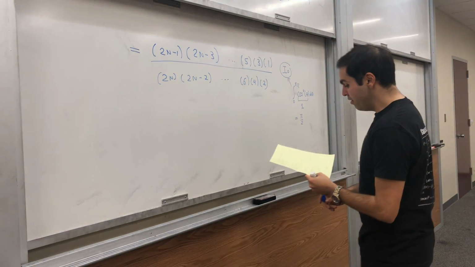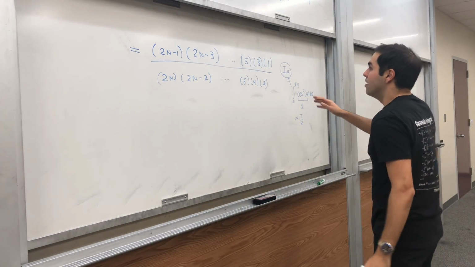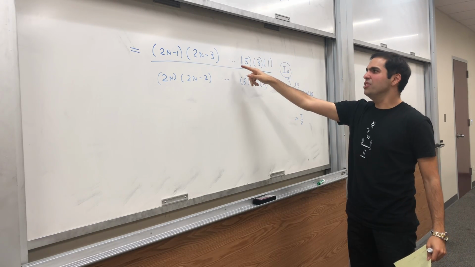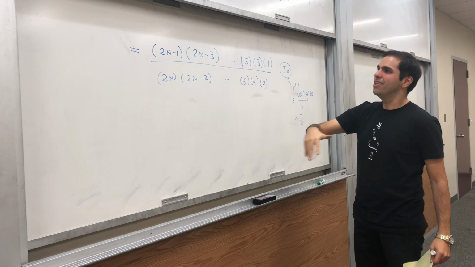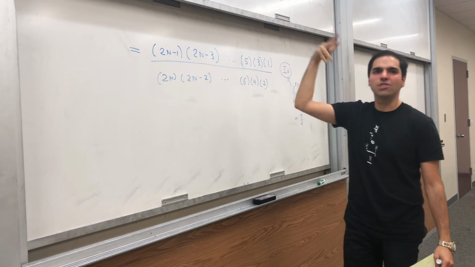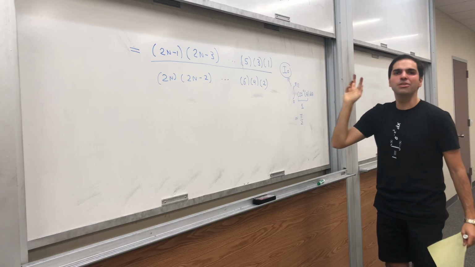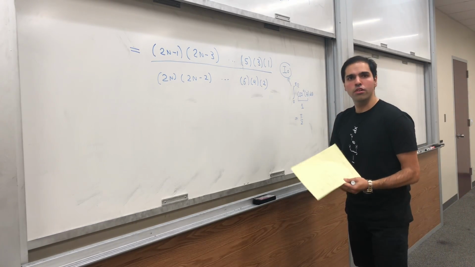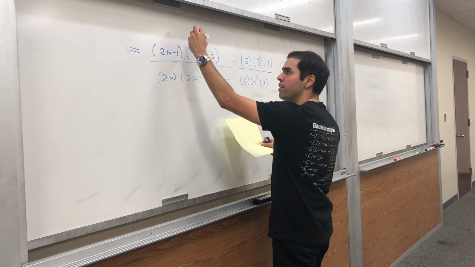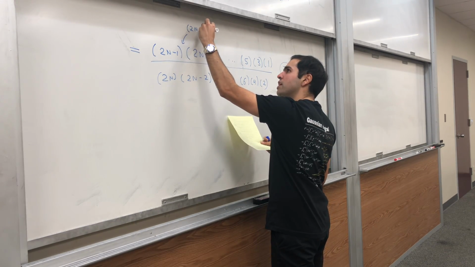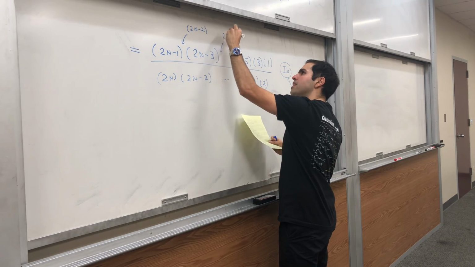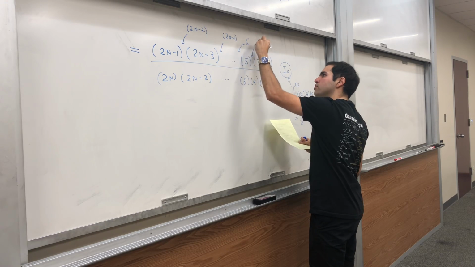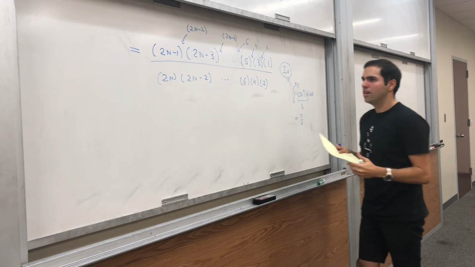All right, now, let me see. Ideally, we would like to write the numerator as a factorial. It would be nice to have 2n minus 1 factorial, because then we can use Stirling's formula, more or less. Well, in order to turn it into a factorial, we just have to fill in the missing pieces. So 2n minus 2, 2n minus 4, and then maybe here's a 6, here's a 4, here's a 2.